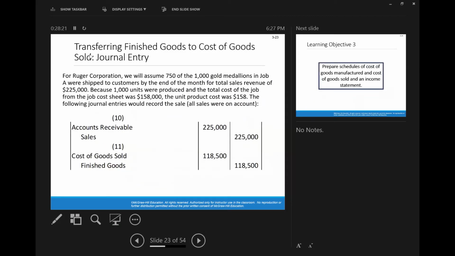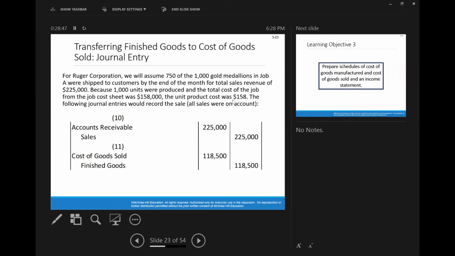All right, so this is when we make the sale. For Rugged Corporation, we will assume 750 of the 1,000 gold medallions in job A were shipped to customers by the end of the month for total revenue of $225,000. Because 1,000 units were produced and the total cost of the job from the job cost sheet was $158,000, the unit product cost is $158.